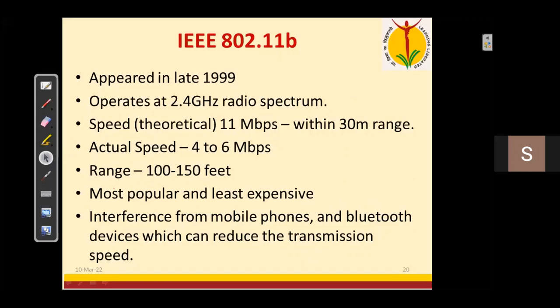The range it covers is more than 100 to 150 feet. This 802.11b is the most popular and least expensive, but there is a lot of interference from mobile phones and Bluetooth devices, which reduces the transmission speed.